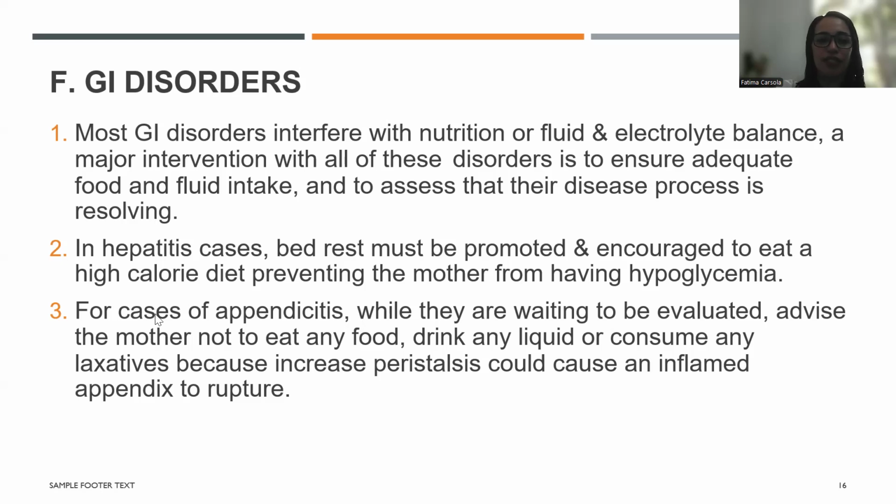Another one is for cases with appendicitis. Of course, they may have to have laxatives so they will not strain during defecation, and it should be taken into consideration that the gravid uterus might be pressing the inflamed appendix and might be a predisposing factor to the rupture of the appendicitis.